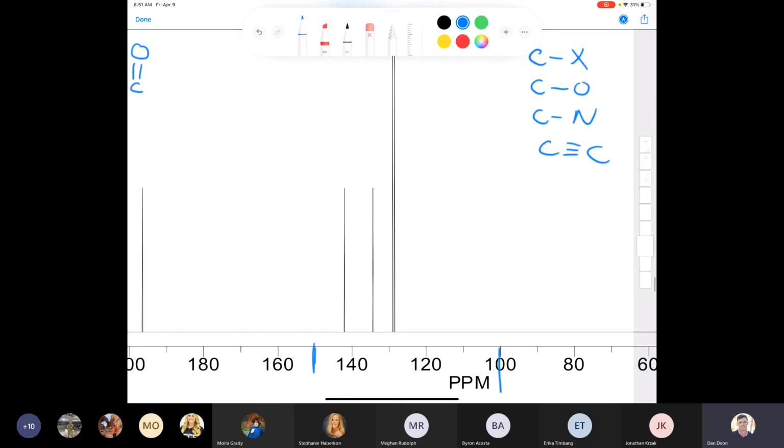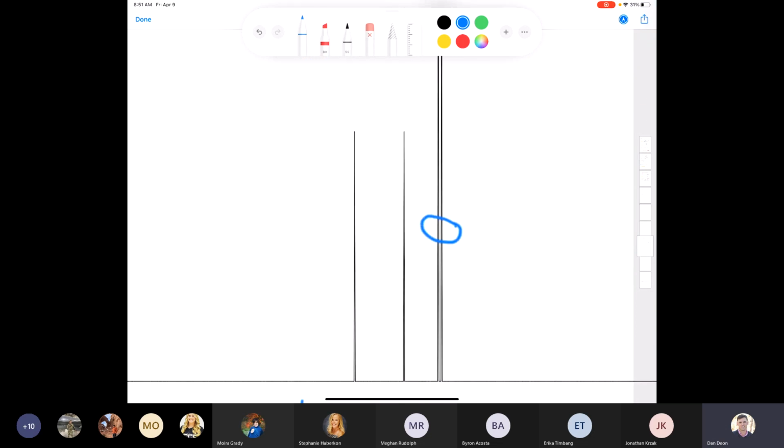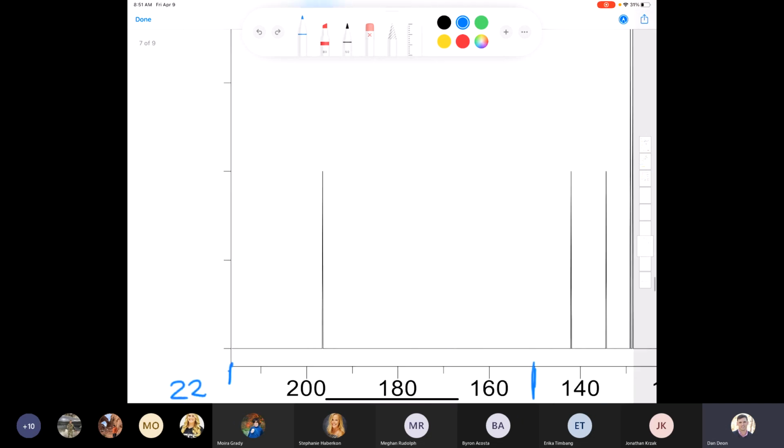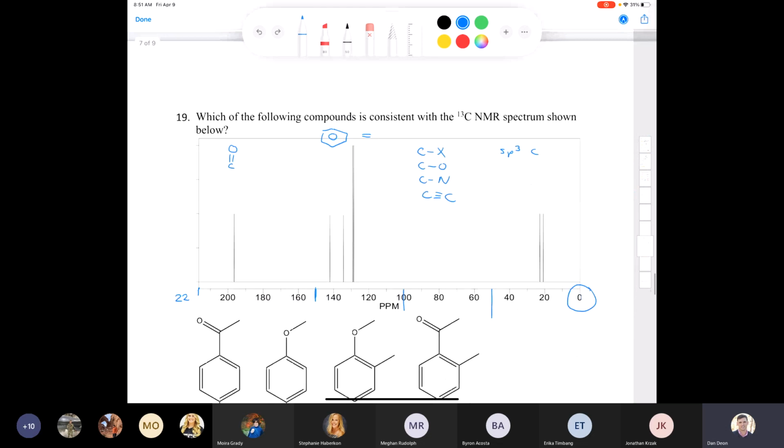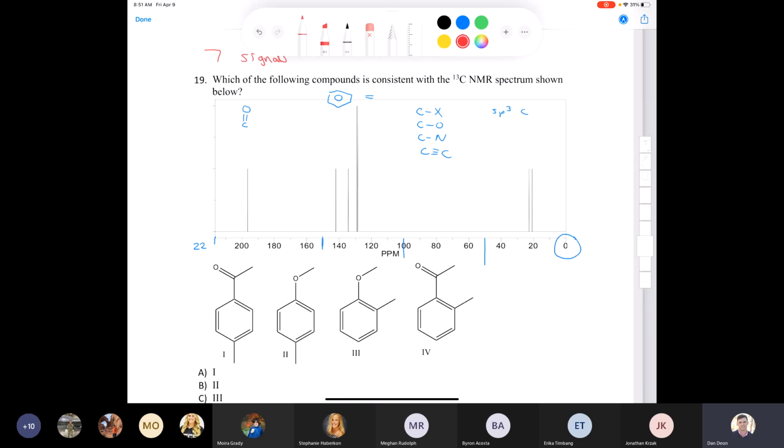But in the aromatic region here, you can see that these are actually 2 different signals. So I have 1, 2, 3, 4, 5, 6, and then I have a 7th signal out here. That means that we have a total of 7 signals for our molecule.